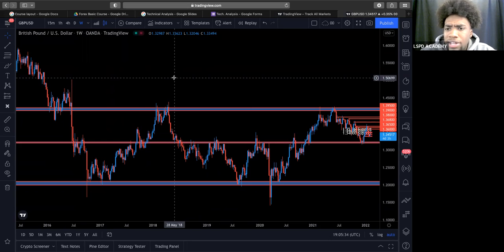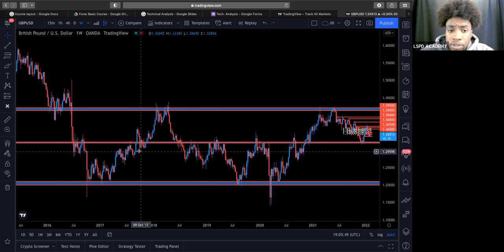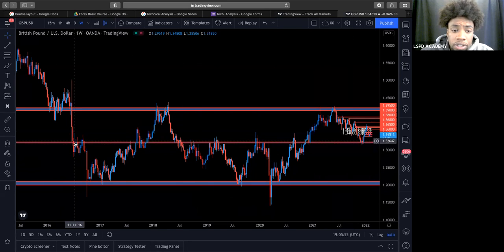These zones are not the be-all and end-all. But what you'll understand is, I won't say 9 times out of 10, but oftentimes, price that has acted as a previous resistance, once it has been broken above, becomes support, right? So we look here: resistance, broke above it, became support.